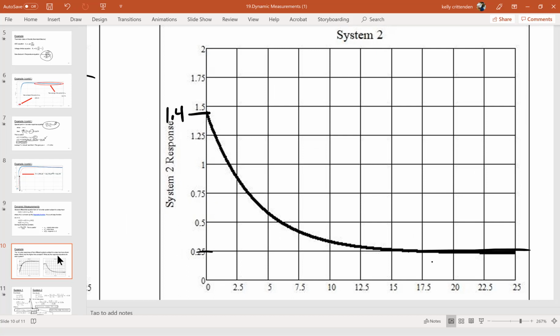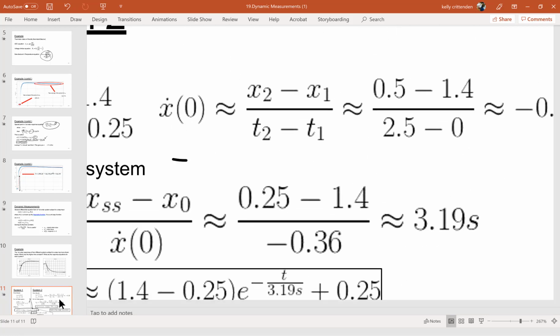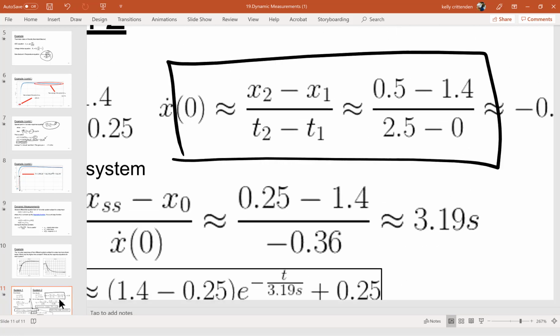So you have to go in and kind of estimate the slope. What this is doing is just calculating the slope at time 0 based on the graph.